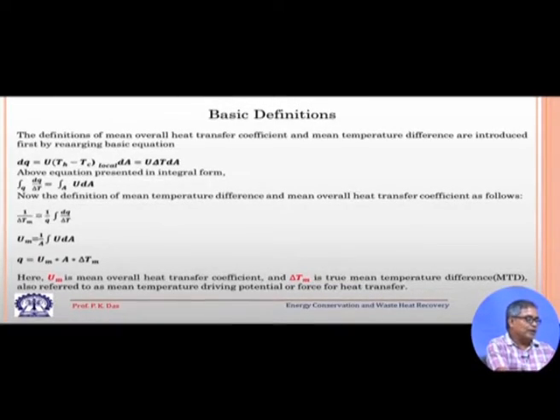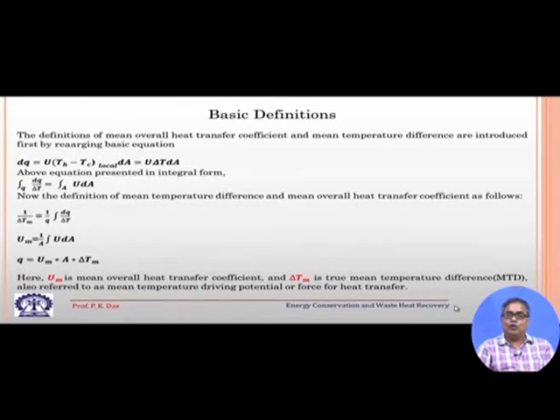So, we get this kind of a relationship, and from there Um, the mean overall heat transfer coefficient, is given by this relationship, and Q is given by Um into A into delta Tm. Here Um is the mean overall heat transfer coefficient, delta Tm is the true mean temperature difference, that is called MTD, also referred to as mean temperature driving potential or force for heat transfer.